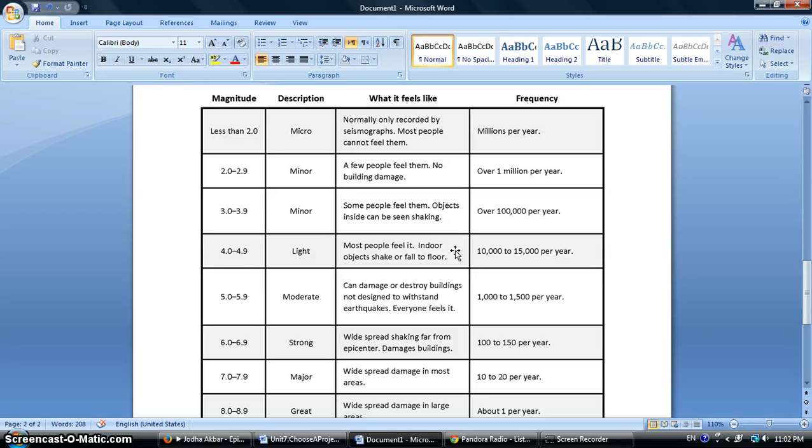This would be considered dangerous, 5 and above. It can destroy buildings that are not built to withstand earthquakes, and everyone feels it.